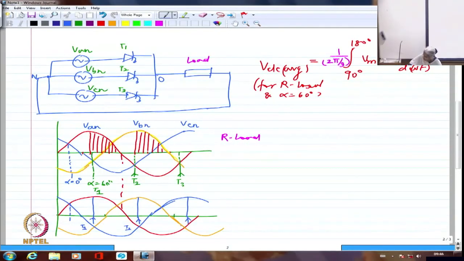So I am going to have, initially if I look at the current, it would start off from here and rise in whatever way depending upon R and L values. And at whatever point IR equals Vm sin omega t, if I say this itself is IR, I and IR will be exactly similar, only a scaling factor.